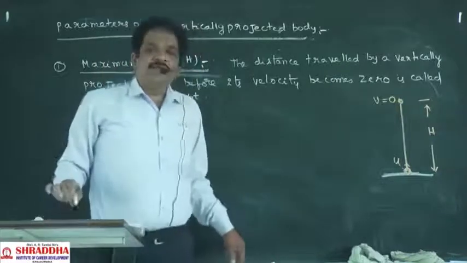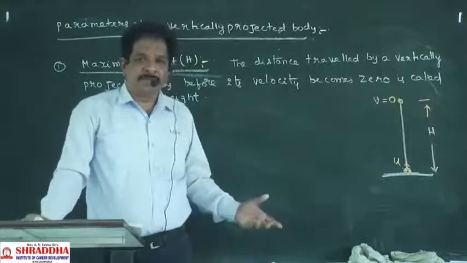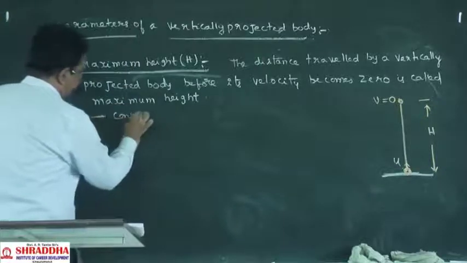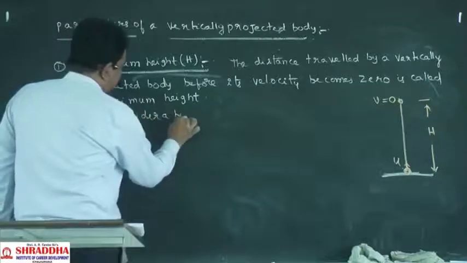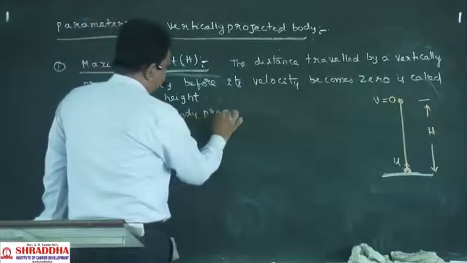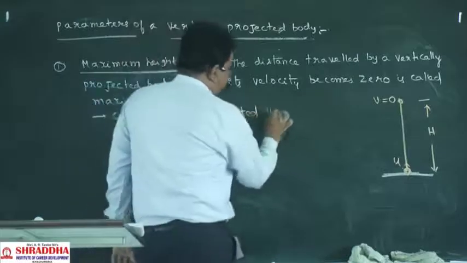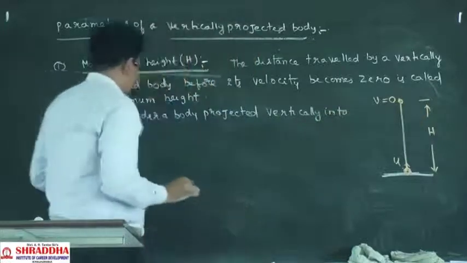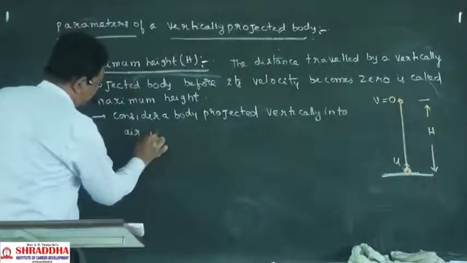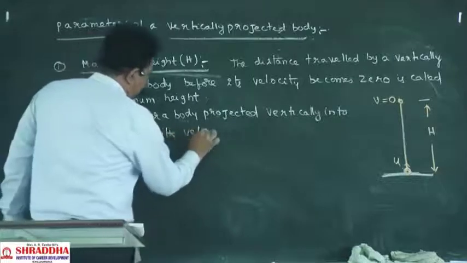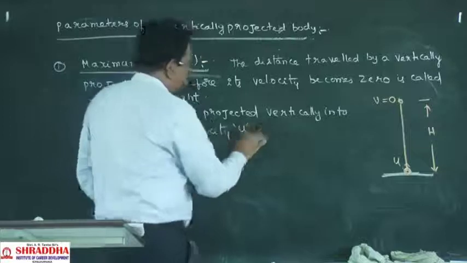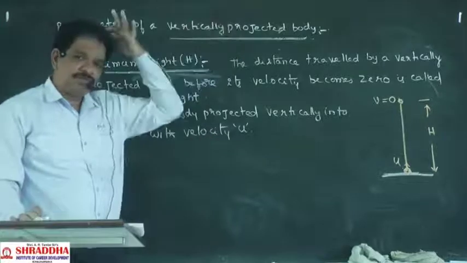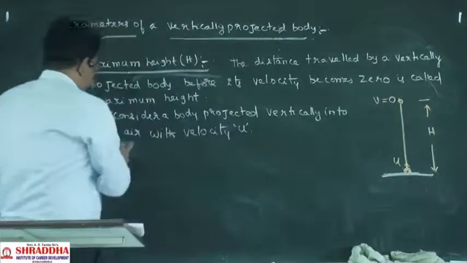So for this, what is the expression for maximum height? Consider a body projected vertically into air with velocity u. Okay.